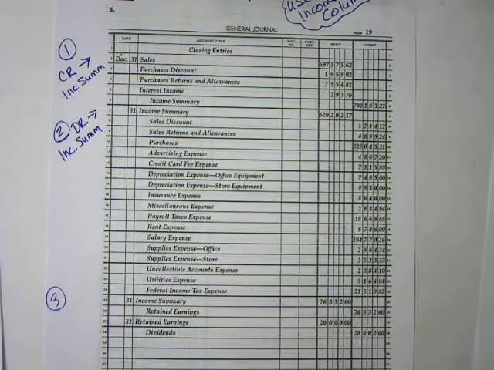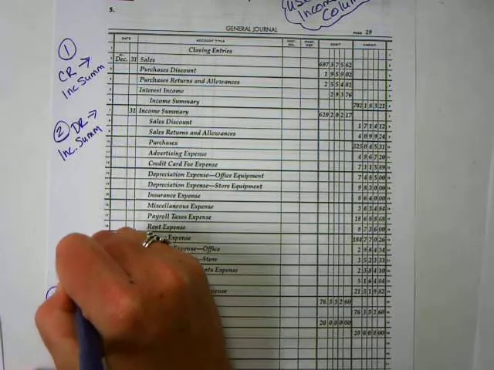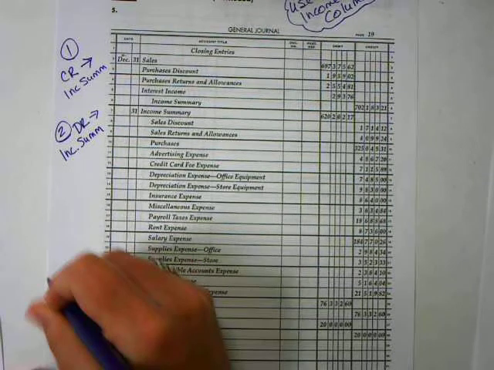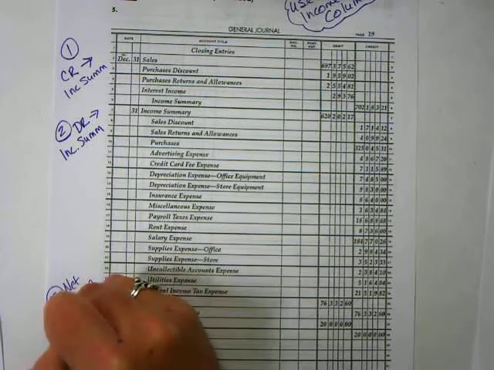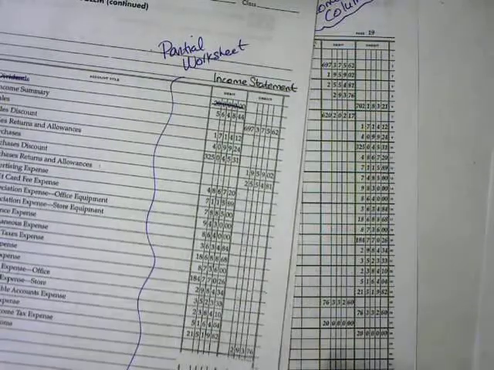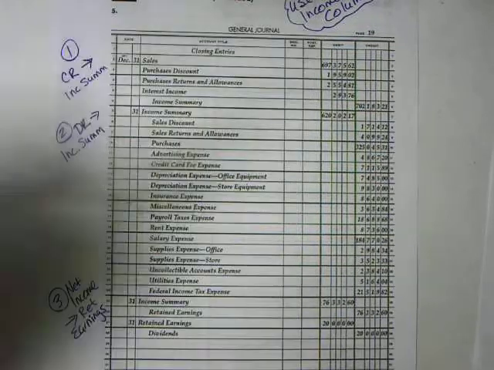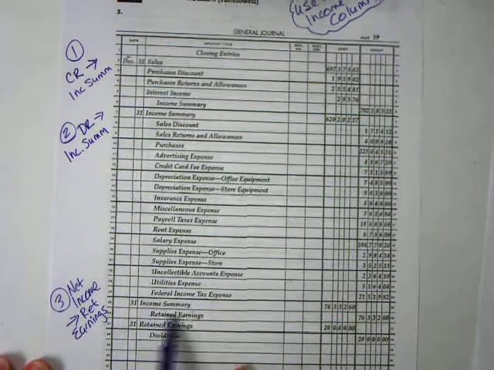Okay, so if you go back to your worksheet, this is basically net income to retained earnings. Okay, on your worksheet, I'm not showing it here, but on your worksheet, you will have the calculations down at the bottom, and you figured out net income, right? So you'll use that number, and you'll close that into retained earnings.